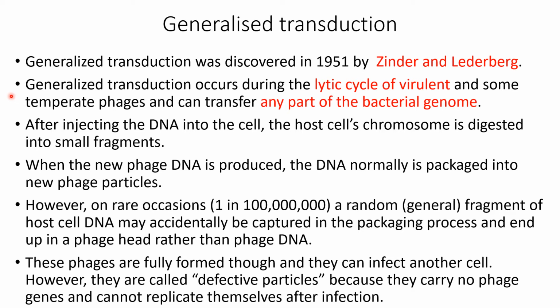I already told you what virulent phages are, and you also know already what a lytic cycle is. So usually this type of gene transfer happens during the lytic cycle of virulent phages. Sometimes temperate phages can also carry it out, but very commonly it is seen in the lytic cycle. And why is it called generalized transduction?